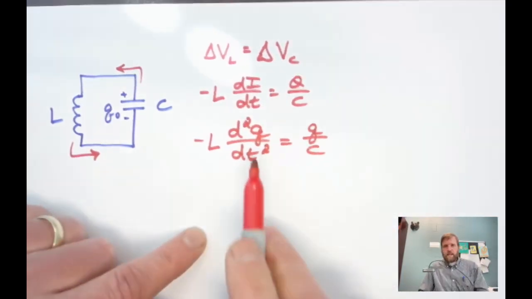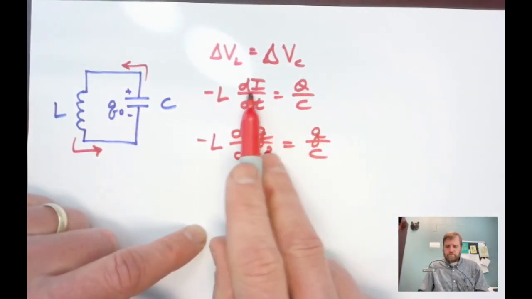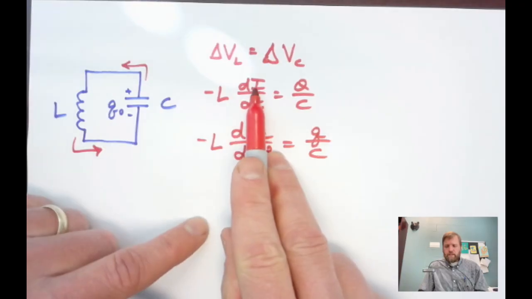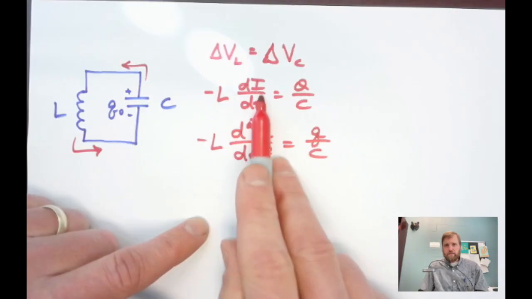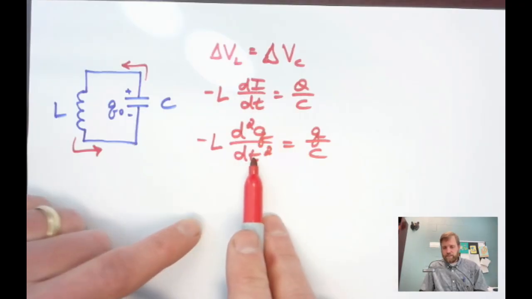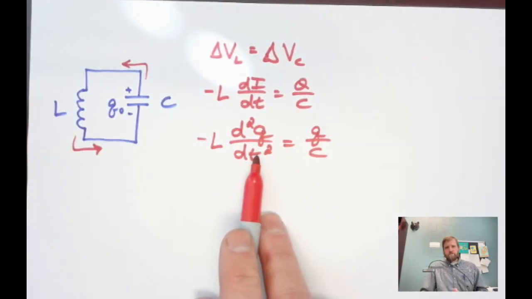If we substitute that in for current, current is the time derivative, so the derivative of a derivative is a second derivative. Okay, so don't freak out about this.